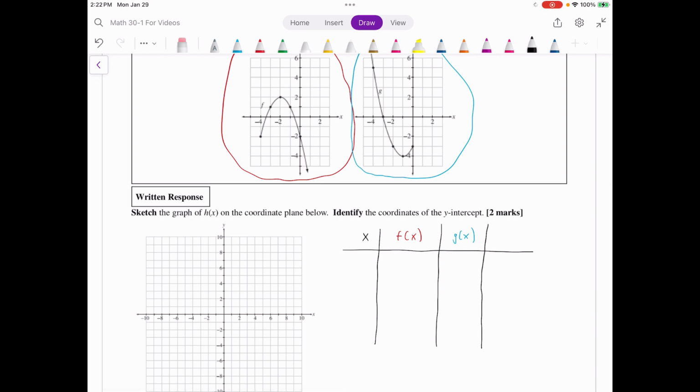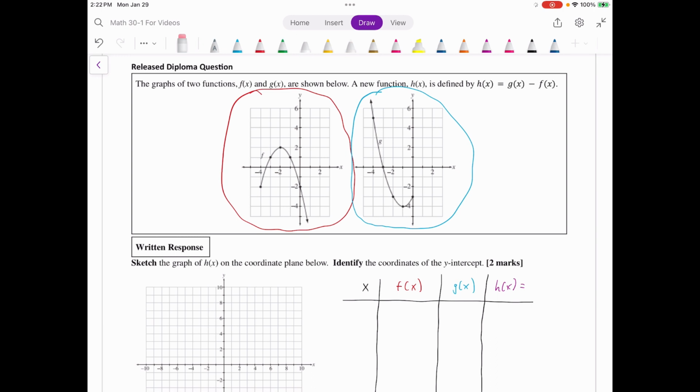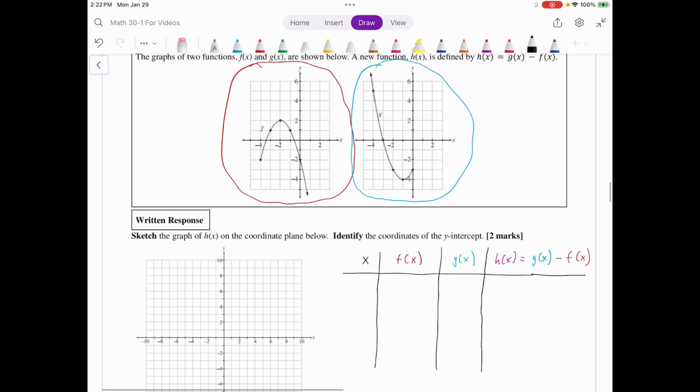And h of x is just f of x minus, nope, sorry, g of x minus f of x. That would have been bad. g of x minus f of x. We would get a different result there, right? With subtraction, the order matters. f of x minus g of x would have given us different numbers than g of x minus f of x. So that's something to look out for.